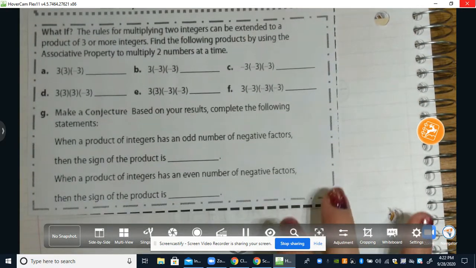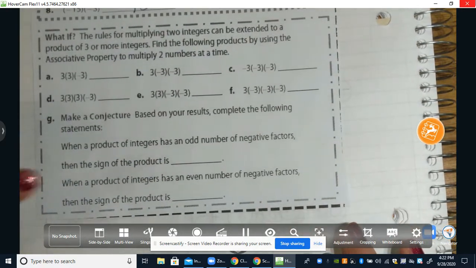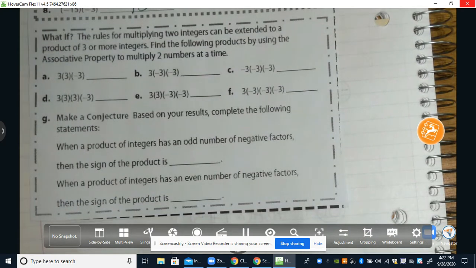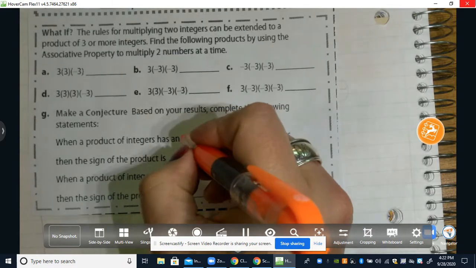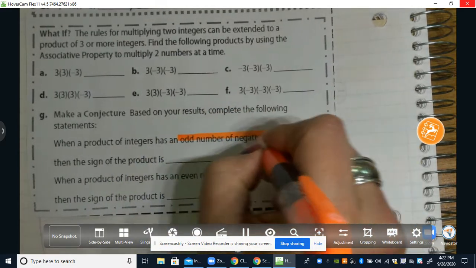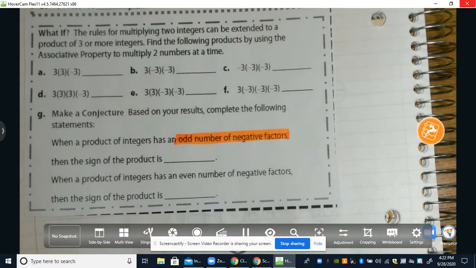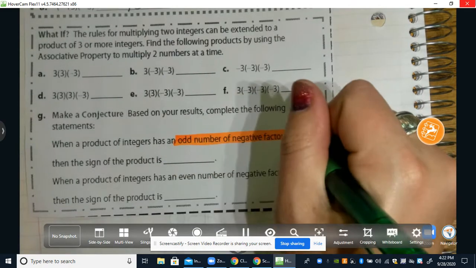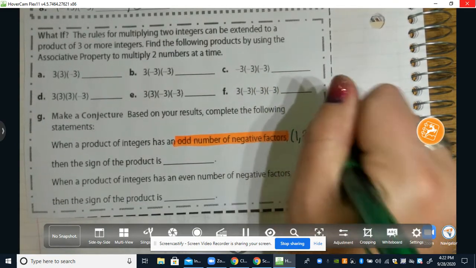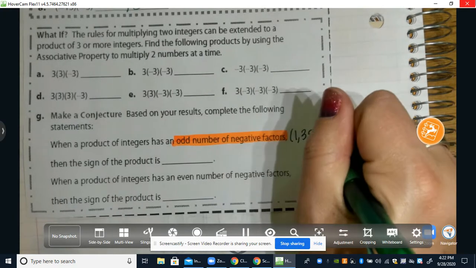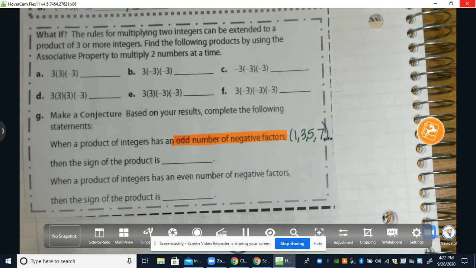So I want us to pay more attention down here. When a product of integers has an odd number of negative factors, and if you don't remember what odd numbers are, that's like 1, 3, 5, 7, 9, and so forth. Okay, so I'm going to put dot, dot, dot. Those are odd numbers.